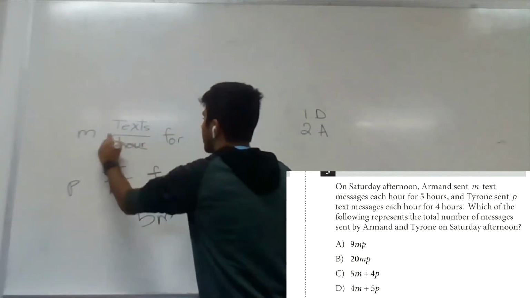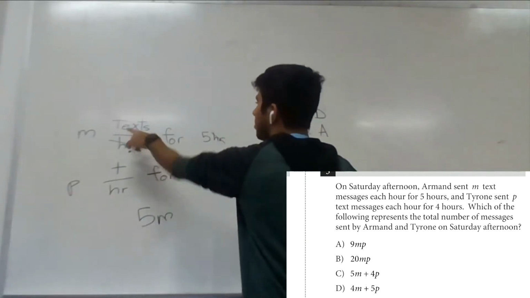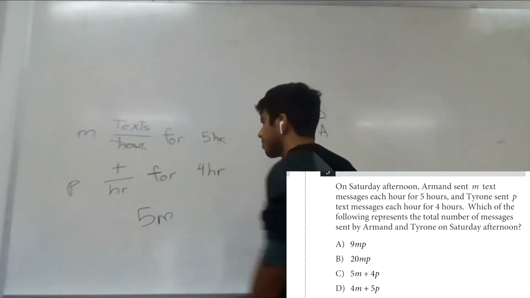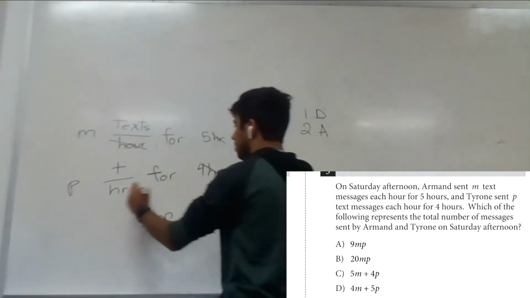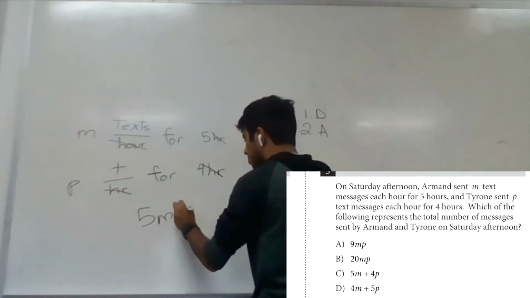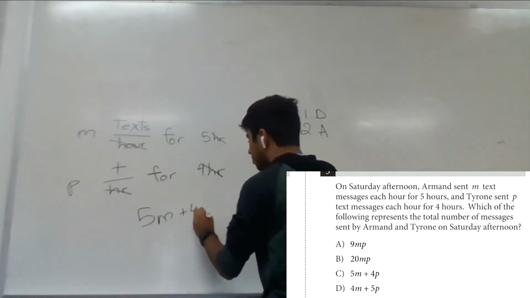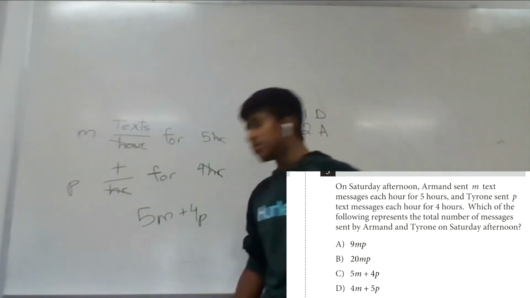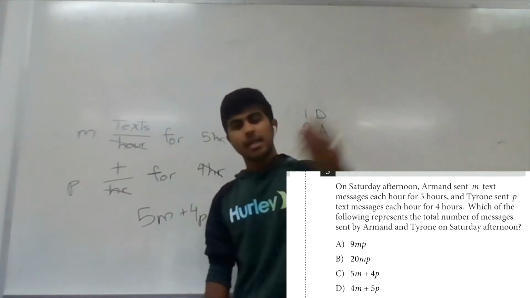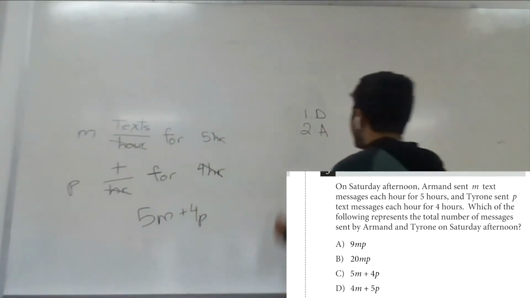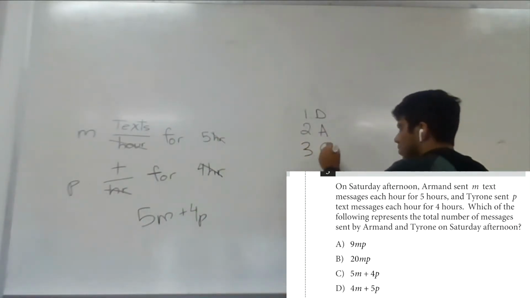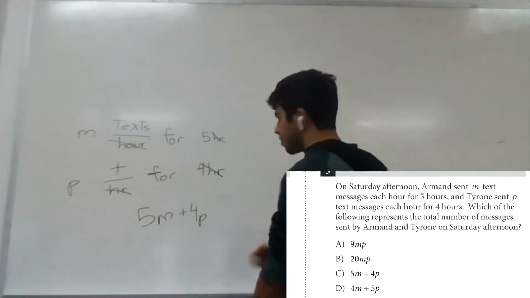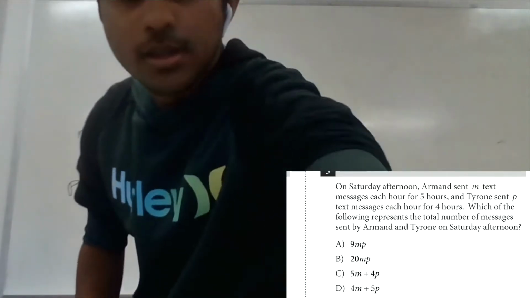The hour here cancels with the hour here, 5m texts. And then for this one, the hours cancel out when you multiply these two. This is going to be plus 4p. So the total number of text messages that were sent that afternoon, 5m plus 4p, that's answer choice C. And we can keep going to the next question. Next question, number 4.